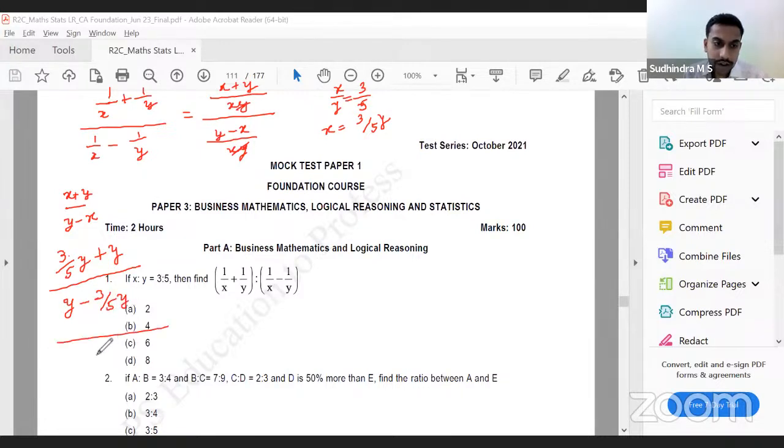LCM, 5 is the LCM: (3y plus 5y) divided by 5, whole divided by (5y minus 3y) divided by 5. 3y plus 5y is 8y, divided by 5, whole divided by 5 minus 3 is 2y divided by 5. 5 and 5 get cancelled, y and y get cancelled, 8 by 2 is 4.